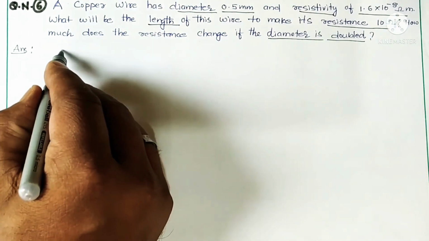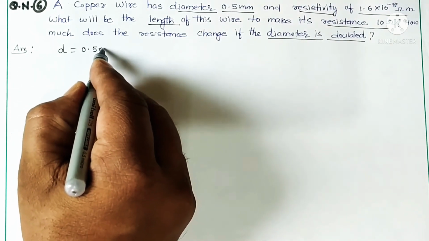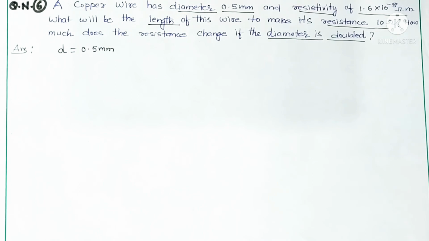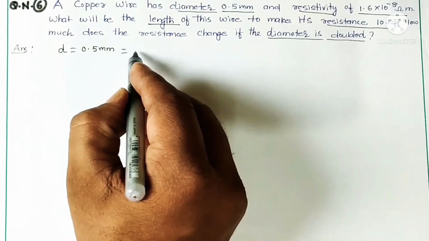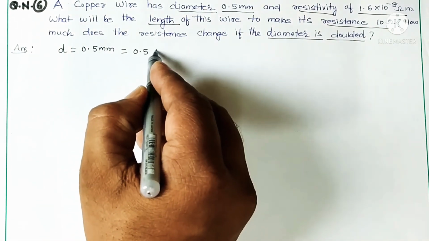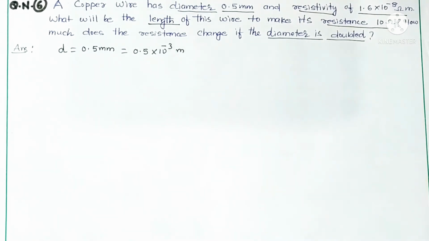Okay, so let us start. Here diameter is given, so we will write diameter equal to 0.5 mm, means millimeter. And you know that while solving we have to convert into SI unit. So it will be 0.5 into 10 to the power minus 3 meter. How is it?